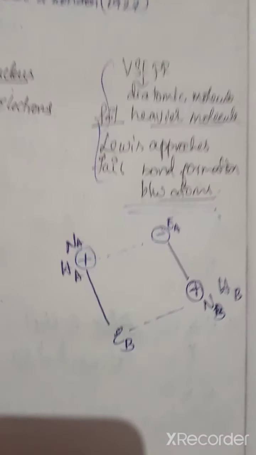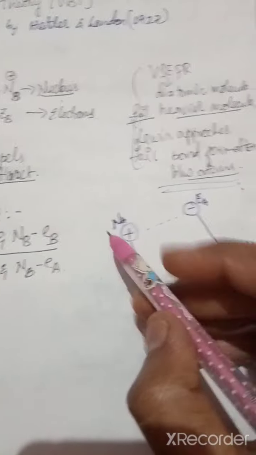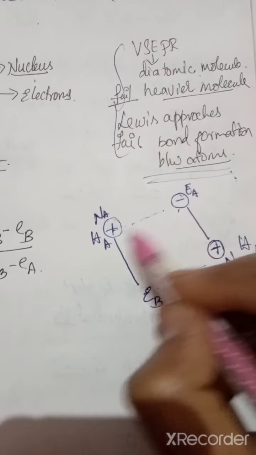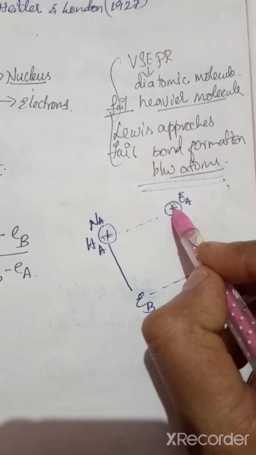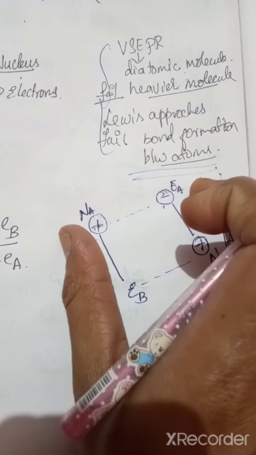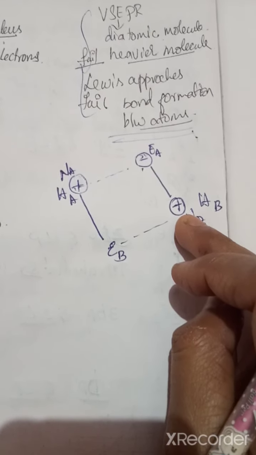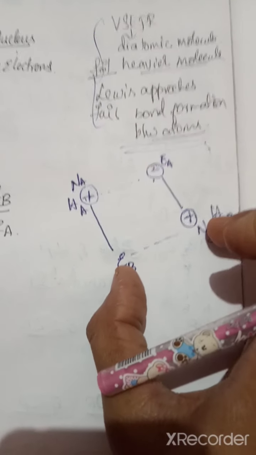For the attractive force, I told you already how the nucleus and its electrons are arranged. I wrote the nucleus and next to it the electrons, because opposite charges have high attraction. And for the second atom, B, I wrote the nucleus and the electrons, which have high attraction.